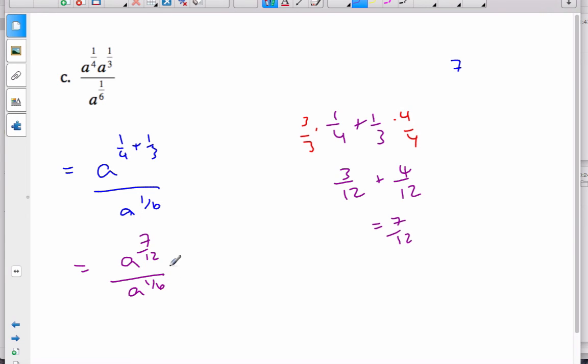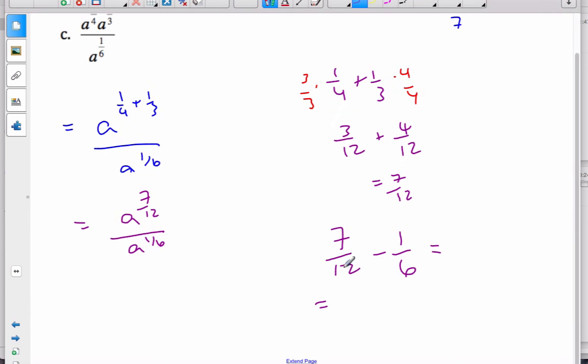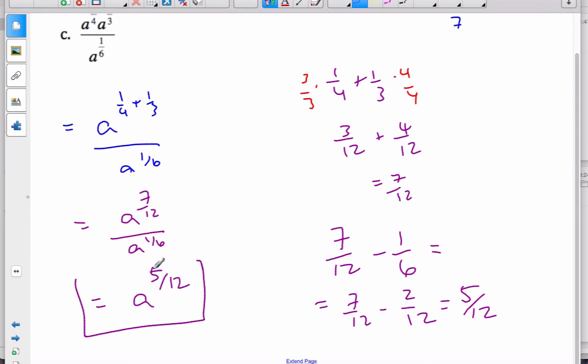Well, now I have to subtract those two. So in my scratch work, 7/12 minus 1/6, again common denominator, so this will be 2/12, gives me 5/12. And so this ends up being a to the 5/12, and that is simplified.